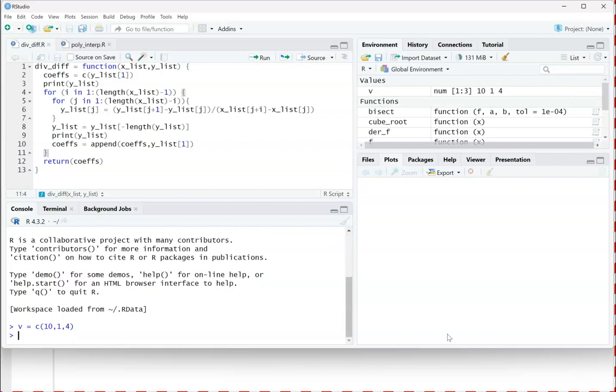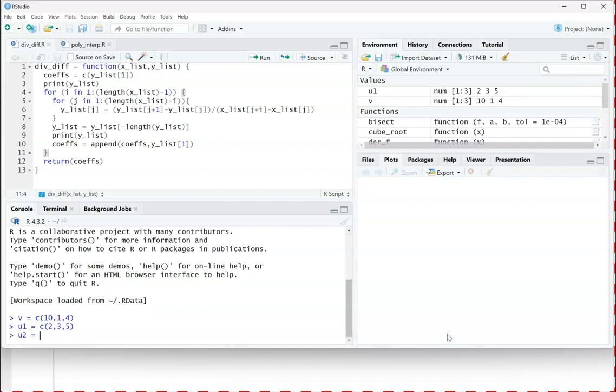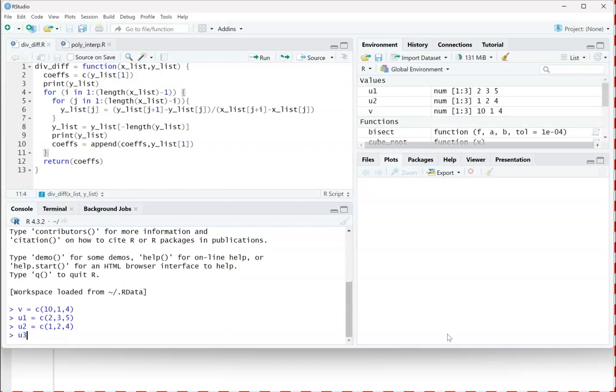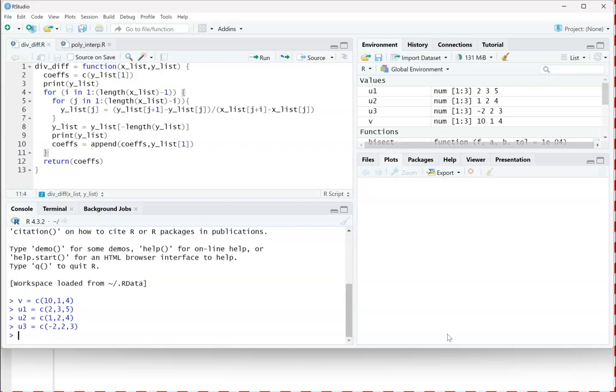I'm just calling it V. Remember, to create a list or a vector, I use the C command in R. So C of all of those three things. I could also label these by number. I can say U1 is equal to C of 2, 3, 5. U2 is C of 1, 2, 4. U3 is C of negative 2, 2, 3. So I'm just entering the vectors in there individually.